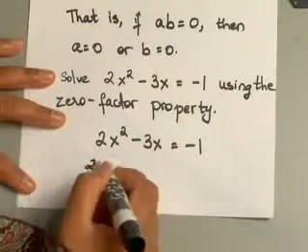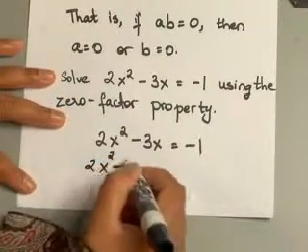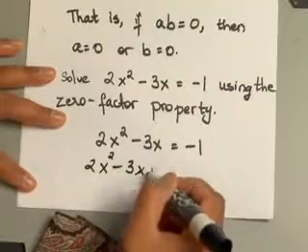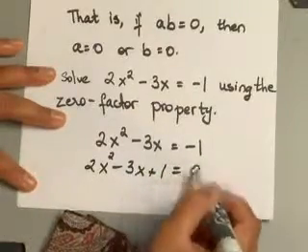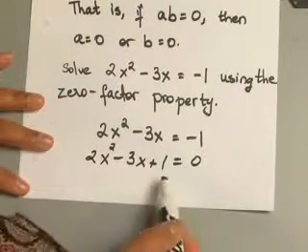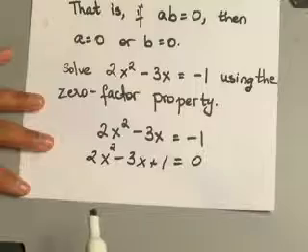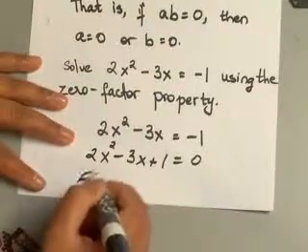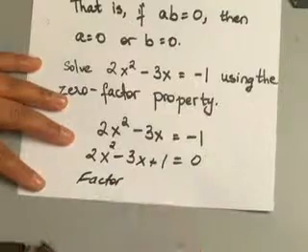This will give you 2x squared minus 3x, and when you bring the -1 to this side, you add 1 and you will end up with a 0 on the other side. Now this is your equation in the standard form. To solve this, you will have to go ahead and factor your left hand side.